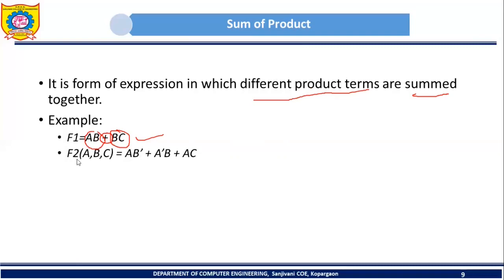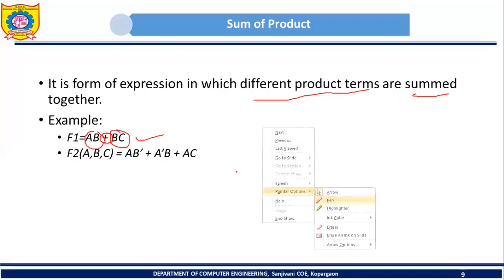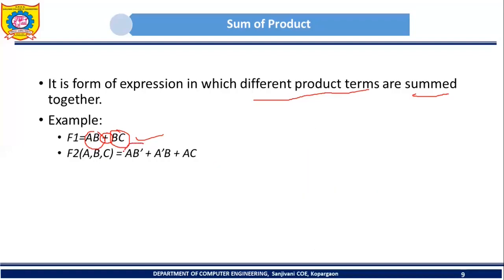Consider one more example. Suppose we have function f2 of variables a, b, c, and it is defined like this: a b prime, or a prime b, or a c. So in this function, how many product terms are present? Yes, there are a total of three product terms. The first product term is between literals a and b prime.